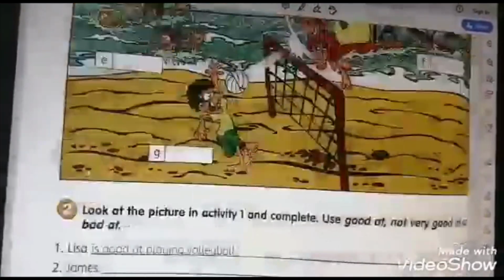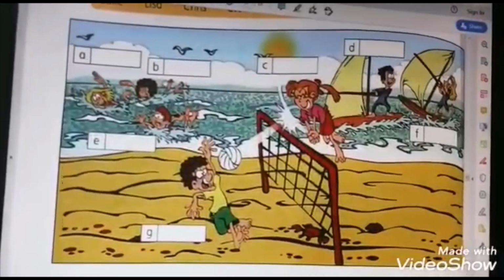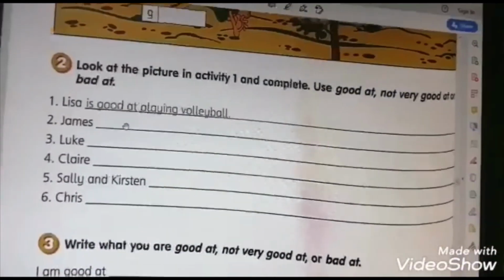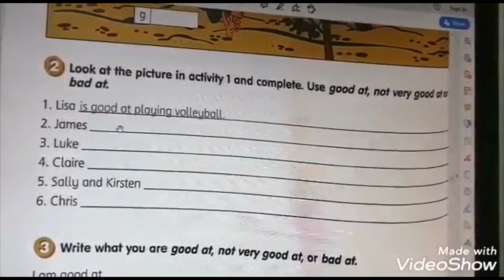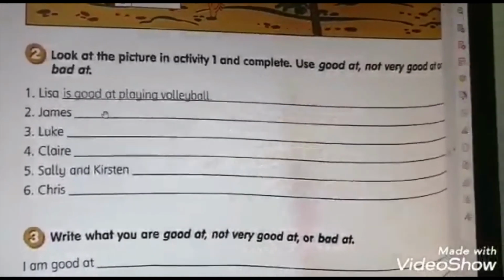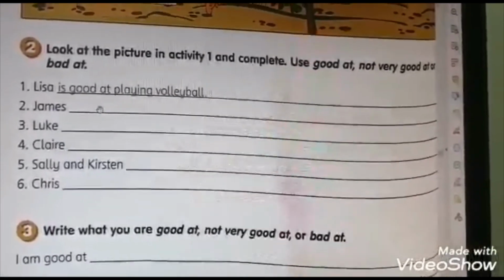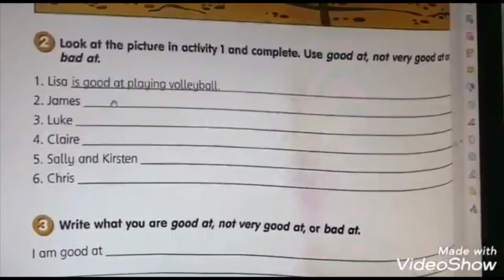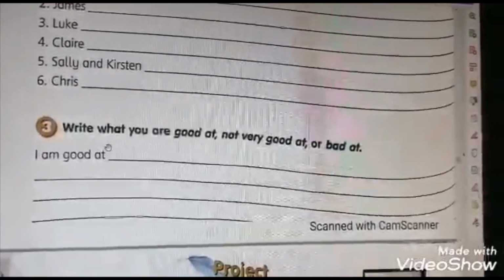Luke. So I hope after finishing this activity, you will be able to write these statements using the expressions we learned in today's lesson, when someone is good at something and when someone is bad at something. We use these expressions: good at, not very good at, or we can say bad at. So look at activity 3.